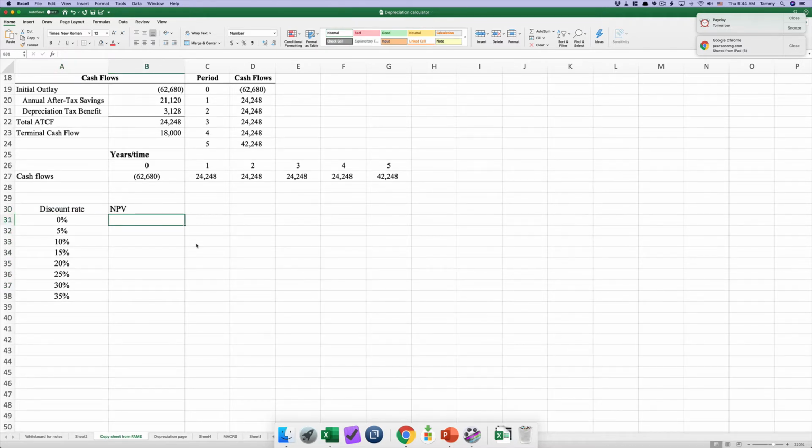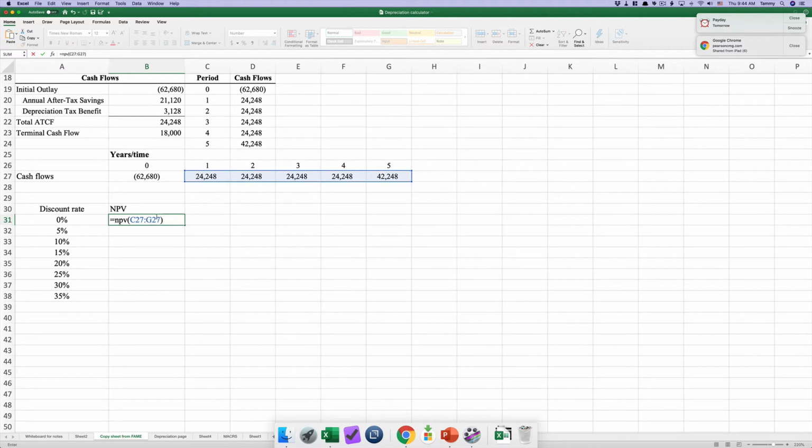So now what we need to do is calculate the net present value of this cash flow up here, right, at these various discount rates. So the way that we calculate that, remember, is the net present value of the future cash flows brought back to today's time.